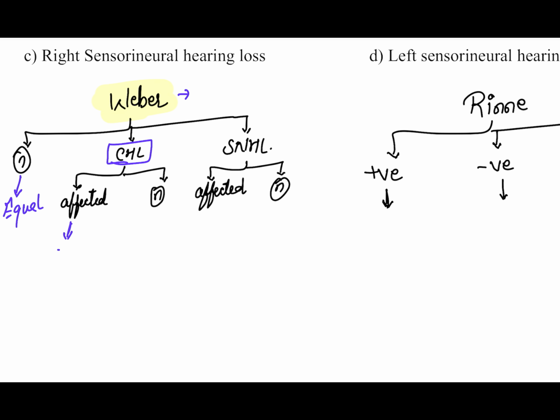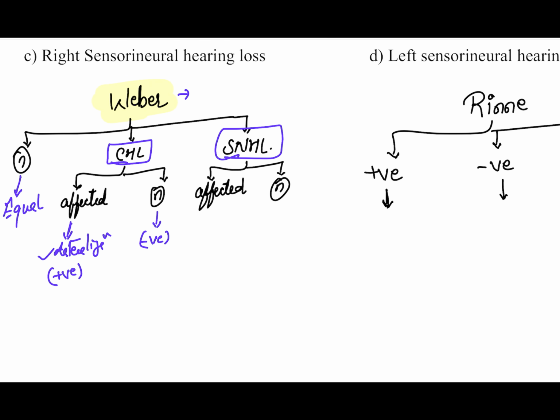In the affected ear he will have lateralization of sound, meaning he will hear more sound on the affected side and less sound on the normal side. So the normal side will be negative and the affected side will be positive. Why is it happening? Because of conductive hearing loss, the affected ear cochlea will be hyperactive. Because of hyperactivity, they will perceive more sound. That's why it is lateralizing to the affected side.